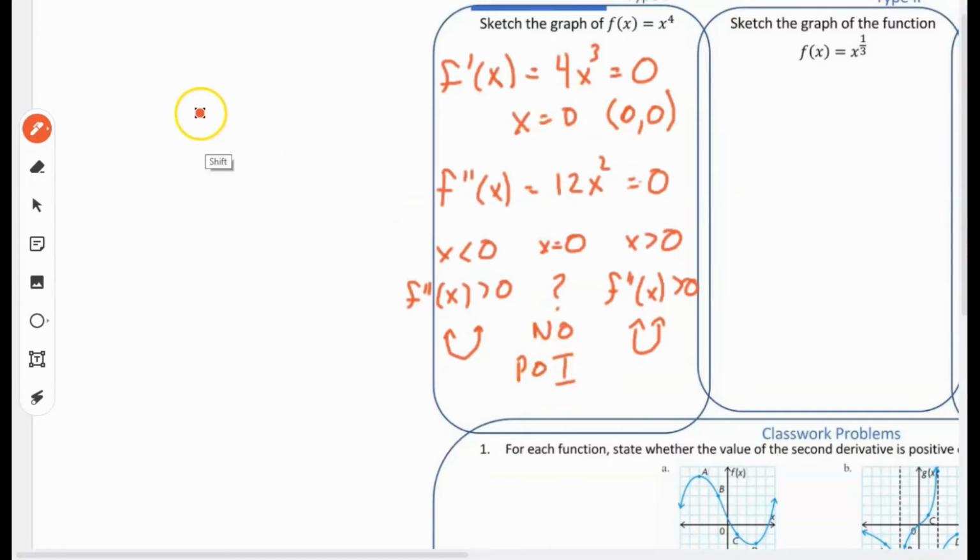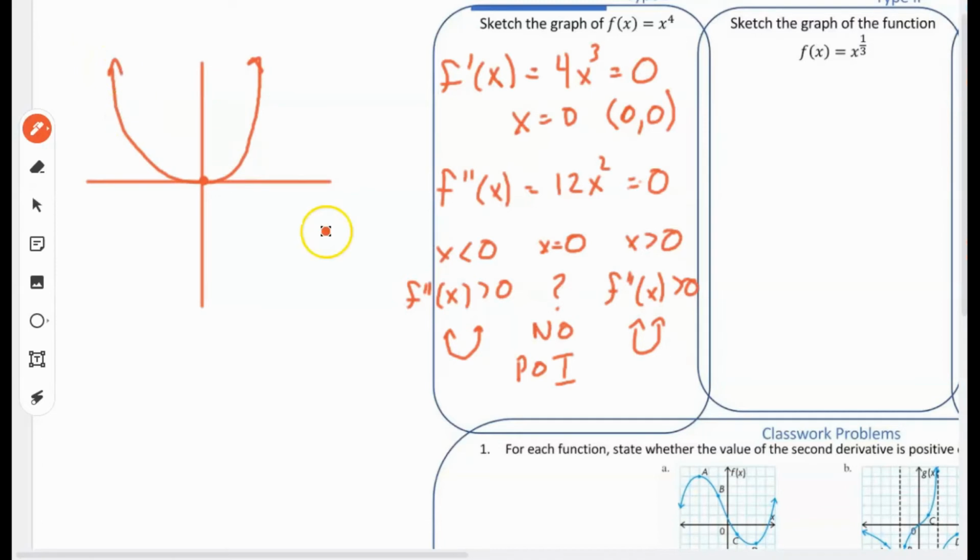But we don't need to go back and do our first derivative test because we know the shape is concave up with a minimum point therefore at (0, 0). And so your graph would look something like that. That was not very symmetric, but it's the best I could do. It should be symmetric.